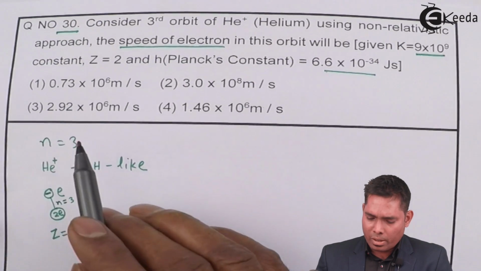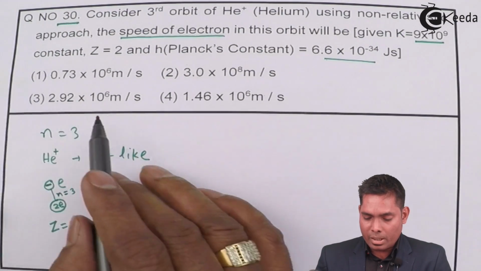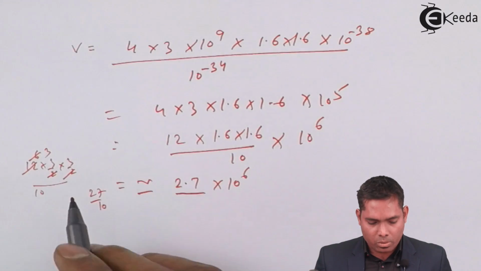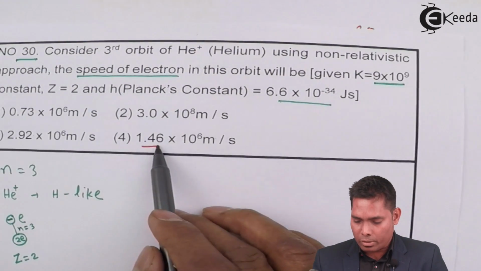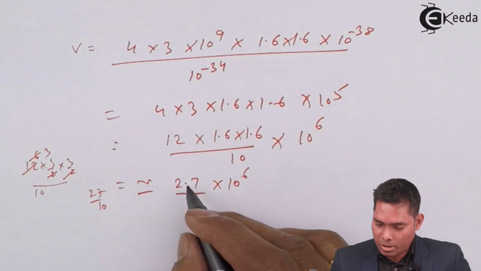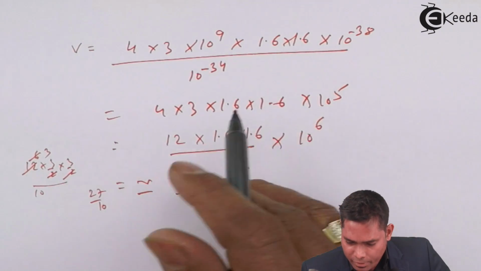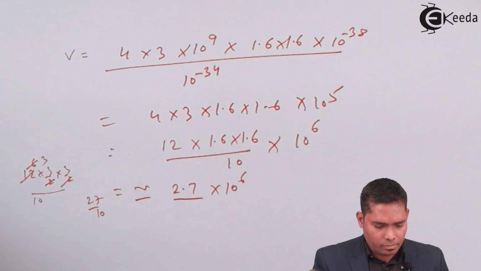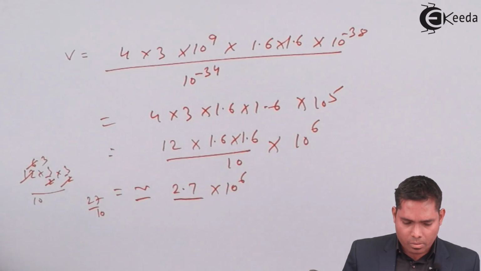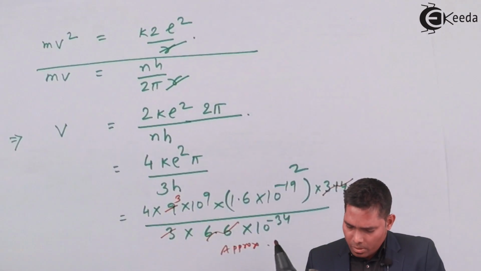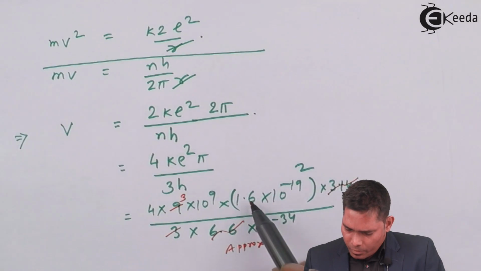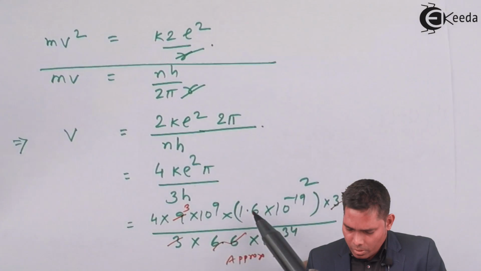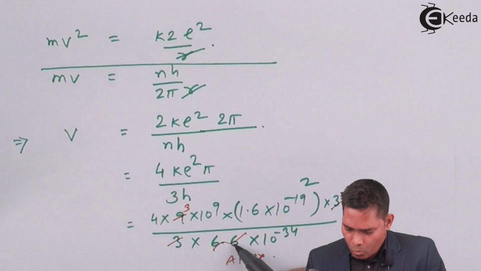If I go for actual calculation, I might end up here, because that has to be more. It might be this also, that I have to go for actual calculations, because where I have taken those approximations, I have to see it. So here it is more, I have taken less, and here it is more.